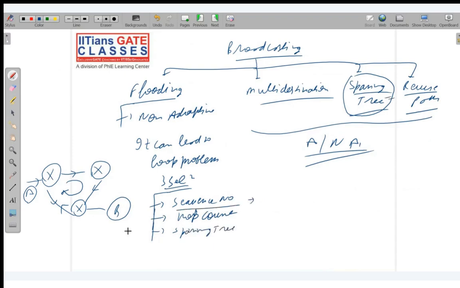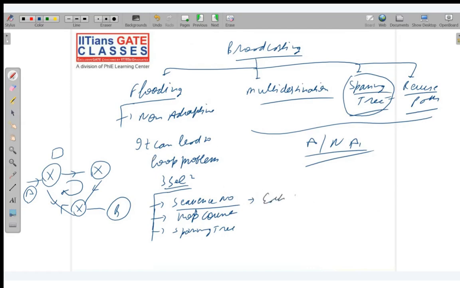Sequence number, as the name suggests, each packet will have a sequence number. When a router forwards the packet, it will note down its sequence number. So when this router again receives the same packet, with the same sequence number, it will drop the packet saying that I have already forwarded it. Every router will do just one task: I have forwarded the packet, and I will not forward it again and again. For that we have a sequence number.